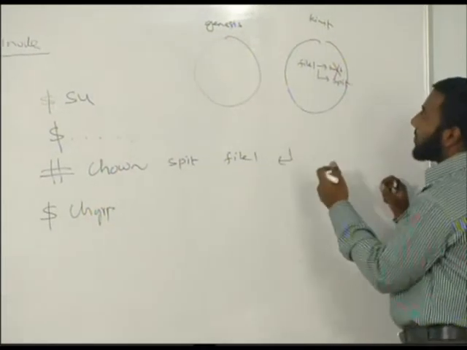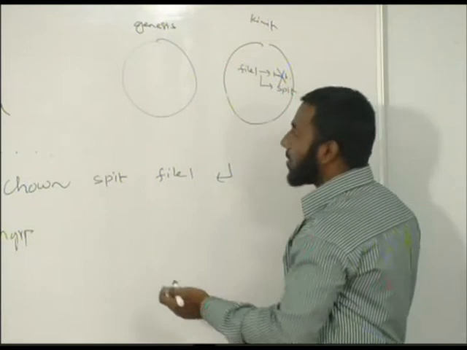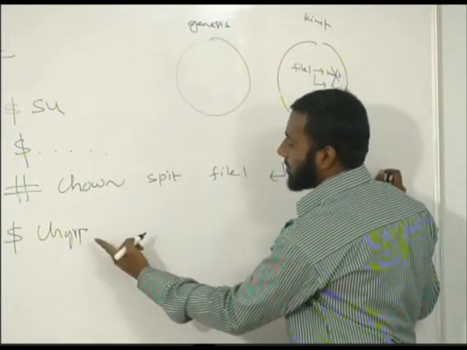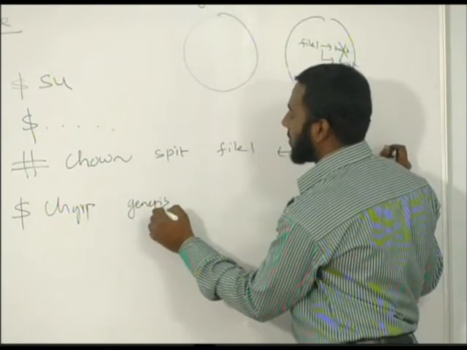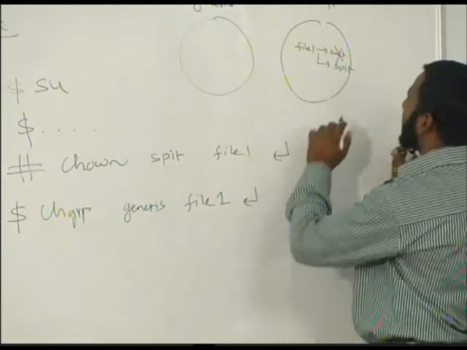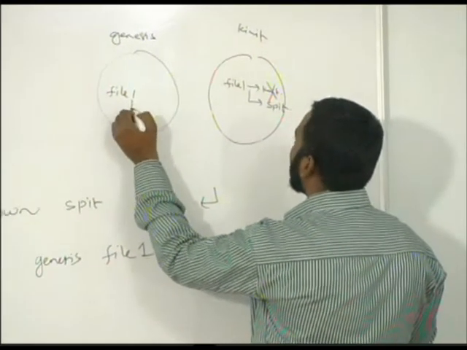Group ownership earlier was, suppose, KMIT, but now I want to change it to Genesis. So I can write it like this: chgrp Genesis file1. Now it changes this file1 into this group.